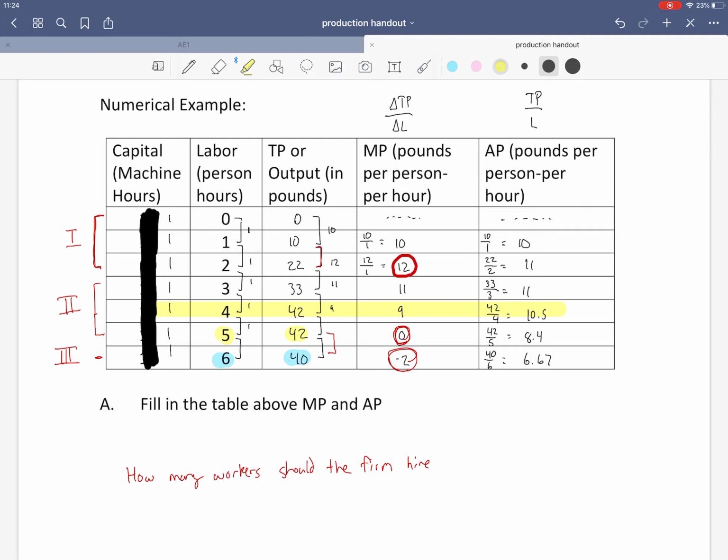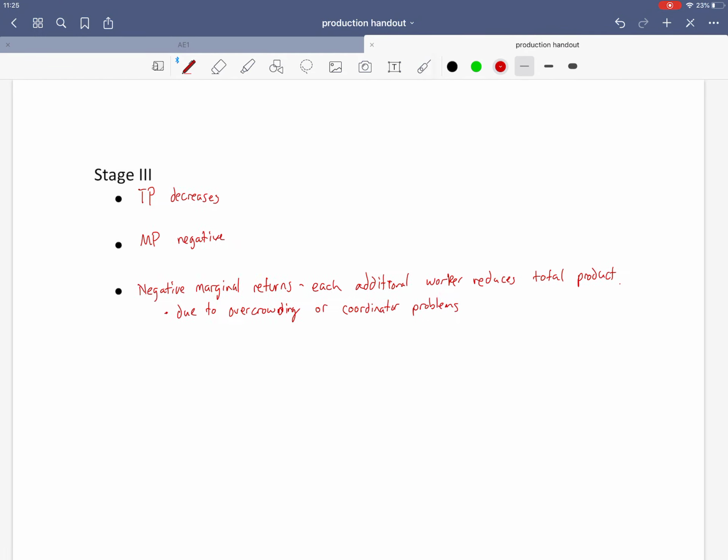And the reason why is because you always want to hire as long as the marginal productivity is greater than 0. So you'll hire a worker as long as they're able to contribute something to the production process. Because if the marginal productivity is 0, that means that worker you hire is not going to contribute anything to your production process. So why would you want to hire that worker? So as long as they're contributing something to it, we're going to hire that person. So once again, in our example here, it's going to be 4 workers.